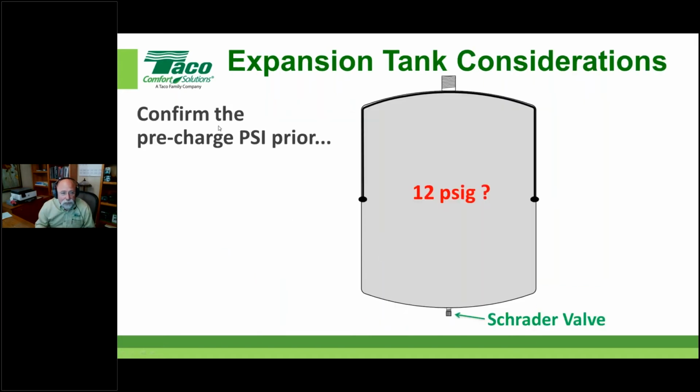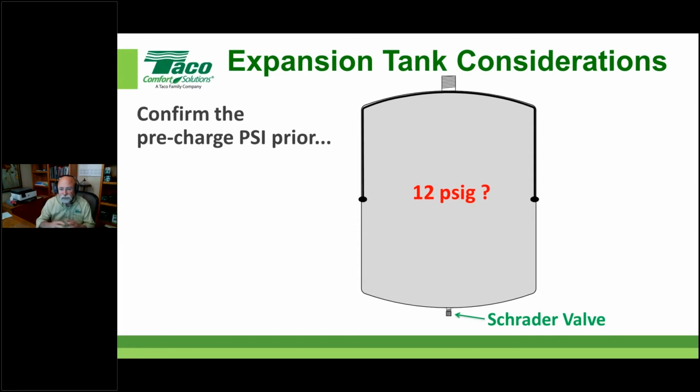So, one thing, little tips and tricks that I've learned throughout the years. Always check the PSI of the factory charge at the Schrader valve location prior to installing the tank. That's just, we're talking about when you pull this thing out of the box, the shipping crate or whatever it is.